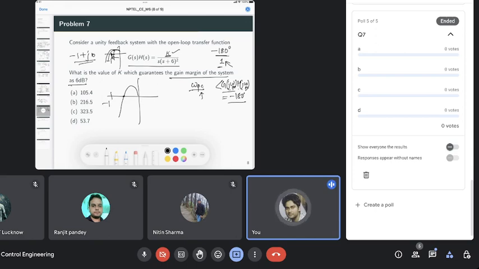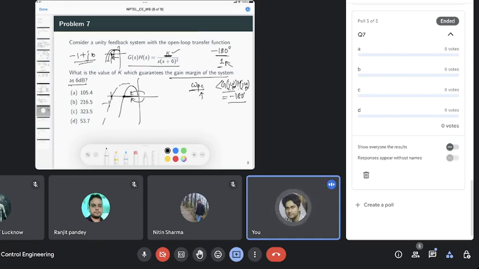At this point it is the phase crossover frequency, because this is the -180 angle. You compute the gain of the system and how much you can increase it. The gain will be increased by this k value, right? How much k you can increase till the plot reaches this instability point. The frequency at which it crosses is called the phase crossover frequency.